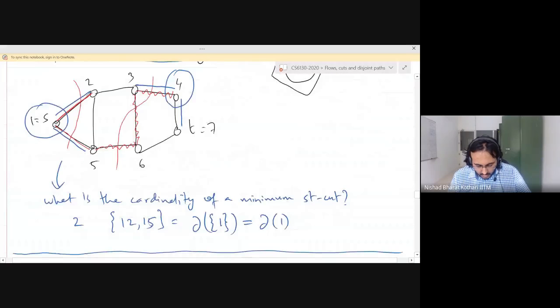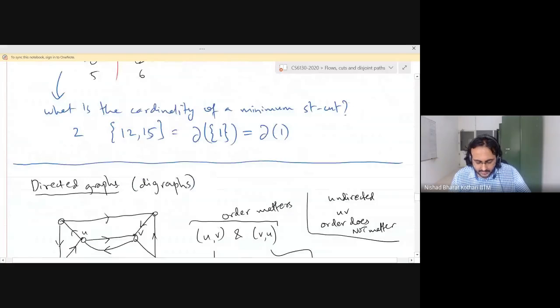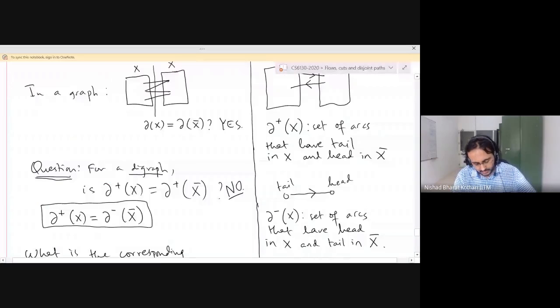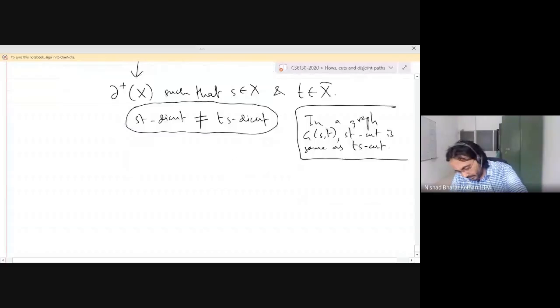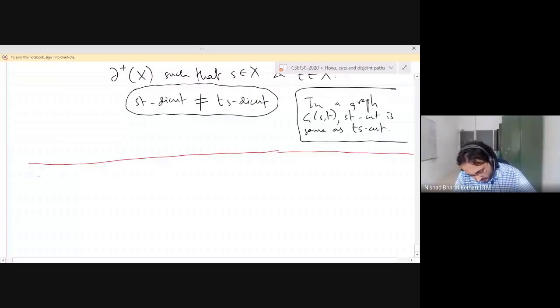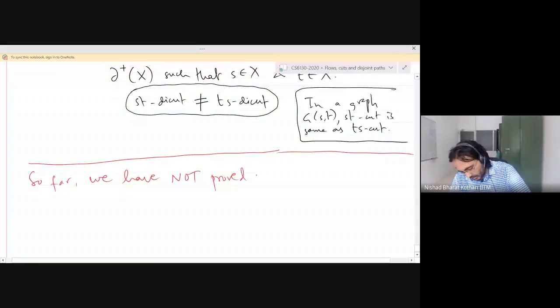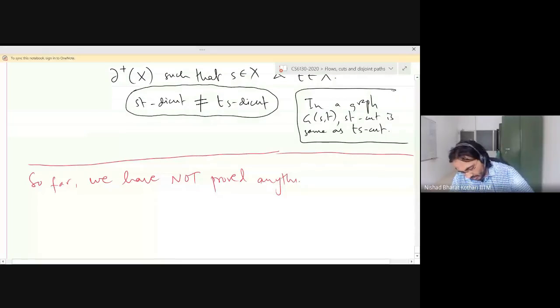Good. All right. Are there any questions? Notice that we have not proved any theorems so far. We have not proved anything non-trivial in this module.